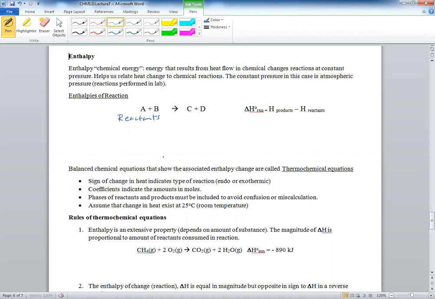Well, we've been talking about initial and final, then these would be our initial state, because we start with reactants. And these are products, so what do you think they will be? They will be our final state.